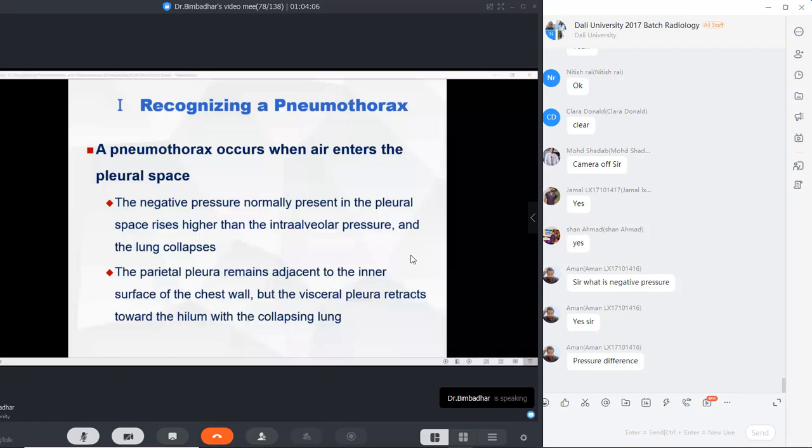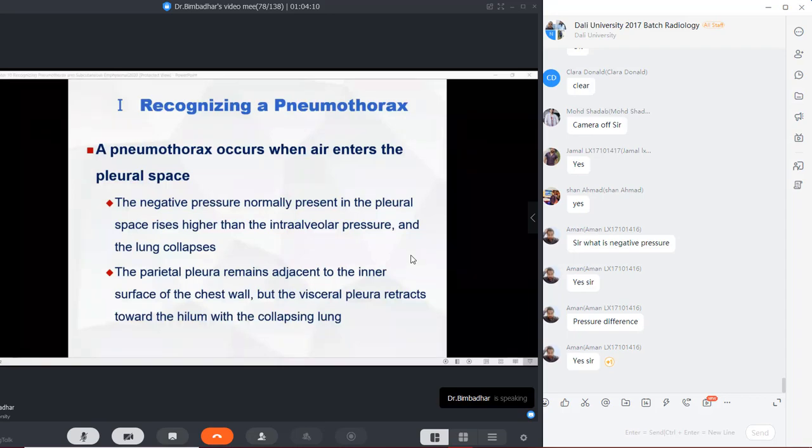That is the pressure difference that exists between the lungs and the pleural cavity. So if the pressure in the pleural cavity has increased, what happens? It will flow from the high pressure region to the low pressure region, right? So the air will escape from the lung into the pleural cavity itself.